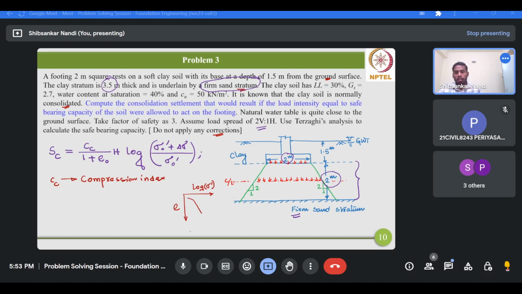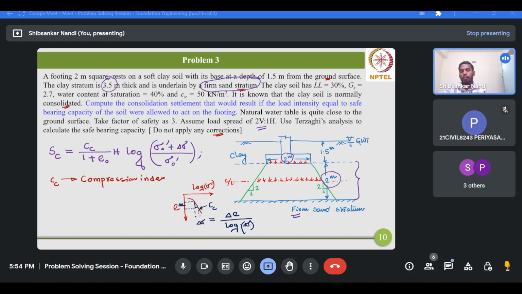Now the gradient of this lower, almost linear part will give you the compression index Cc. So Cc is nothing but delta e divided by log of, suppose this part gives you the delta e, and this is the delta sigma.